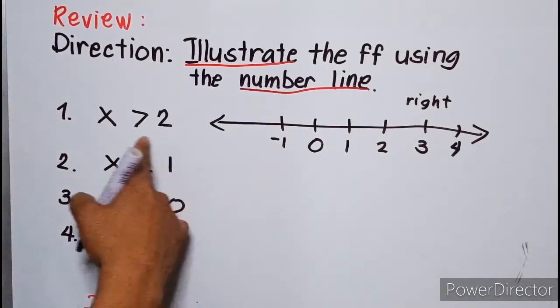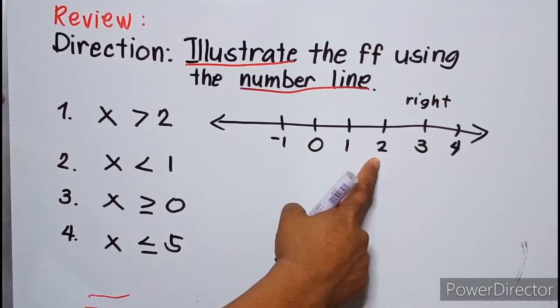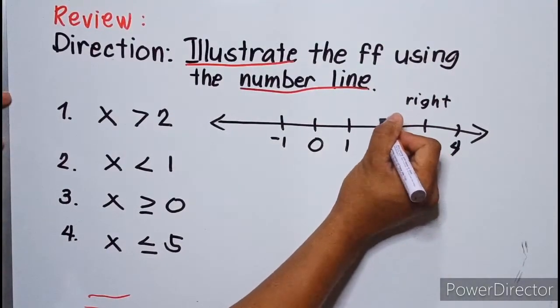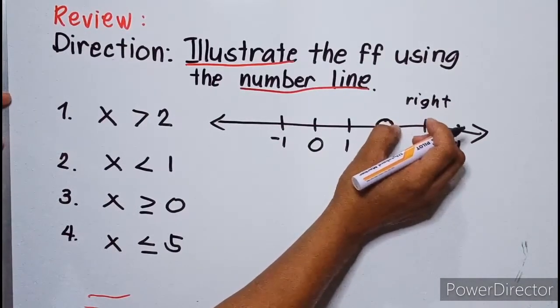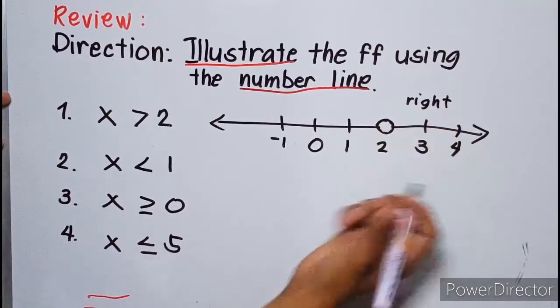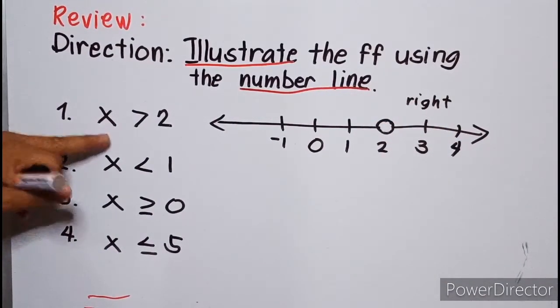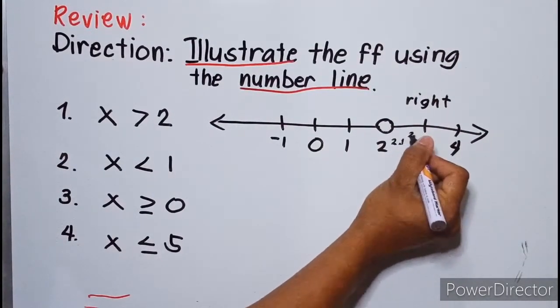Now, greater than 2, is 2 included? No, obviously not. So kapag hindi included, you're going to make a circle illustrating that 2 is not part of the solution for x. So, mas malaki sa 2. Pwede siyang 2.1, pwedeng 2.2.